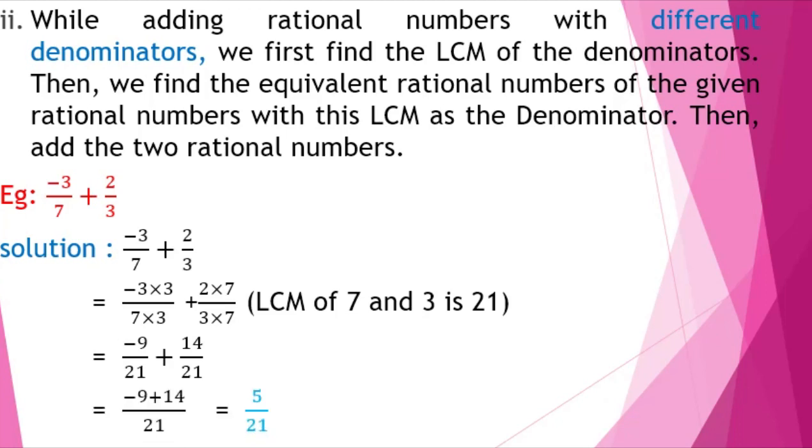So minus 9 plus 14 divided by 21. Here we can apply the rule of addition of integers. If the two integers have different sign, then bigger number minus smaller number and put the sign of the bigger number. So 14 minus 9 gives 5 and the sign of the bigger number is positive. So we get the answer as 5 upon 21.